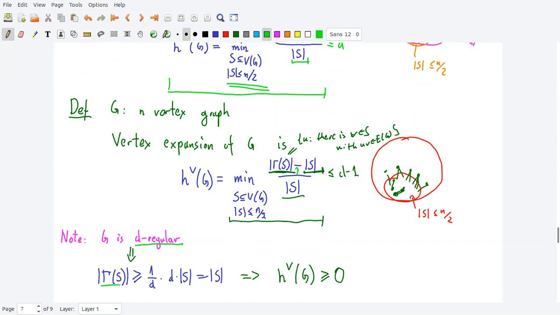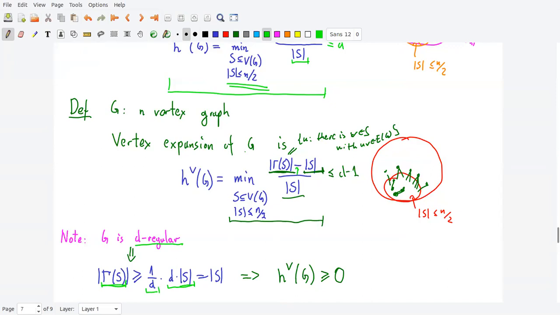Because if I look at Gamma of S, what is the size of Gamma of S? From every vertex of S, I can go to other vertices, maybe to some of them multiple times through parallel edges. But in total there are d times |S| edges sticking out of vertices of S, and to each element of Gamma of S, at most d such edges go into.